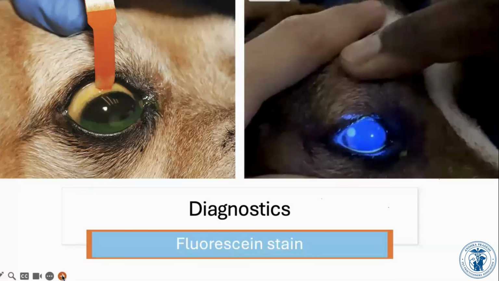In a cobalt blue filter, we can see the fluorescein stain uptake on that particular part. There are rose bengal dyes and others, but the most commonly and easily available is fluorescein, and it is most convenient as it sticks particularly to the stroma, so we cannot get confused with dead cells.